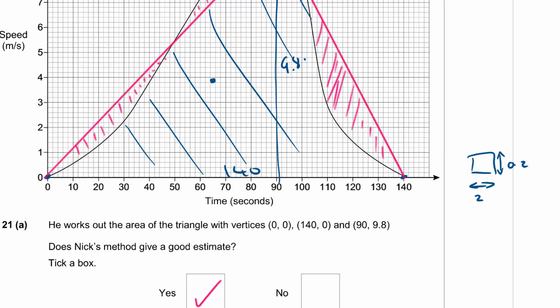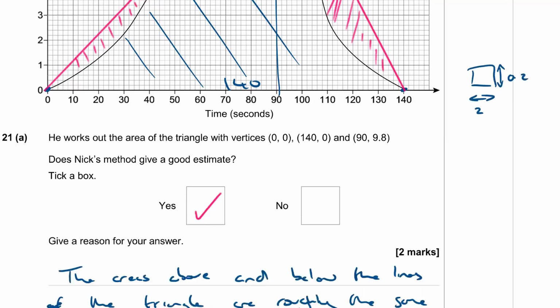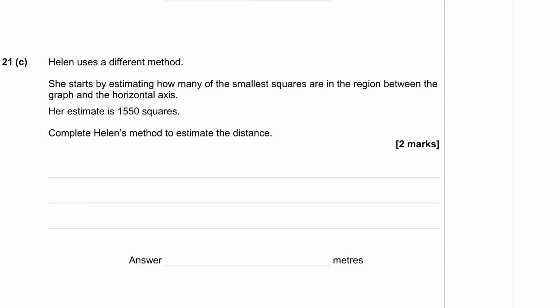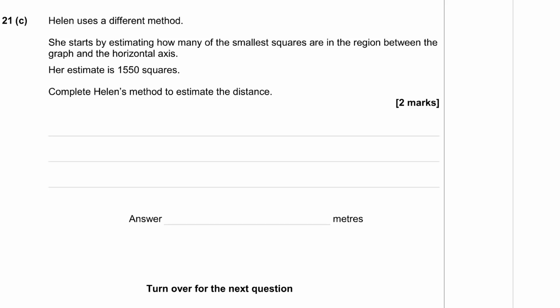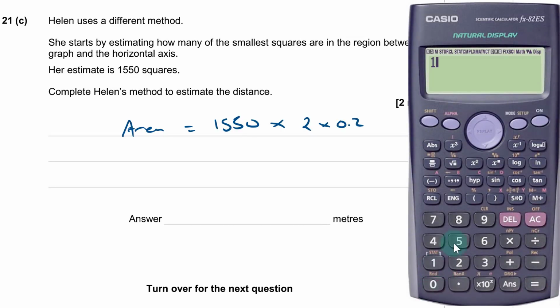So in order to turn her 1,550 squares into an area, we need to work out the area of this, well, it's a rectangle actually, and times it by 1,550. So area is going to be 1,550 teeny tiny squares times 2 times 0.2.